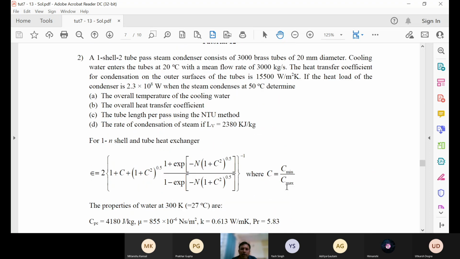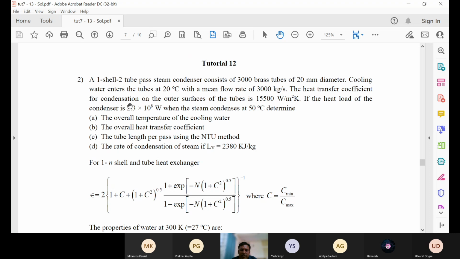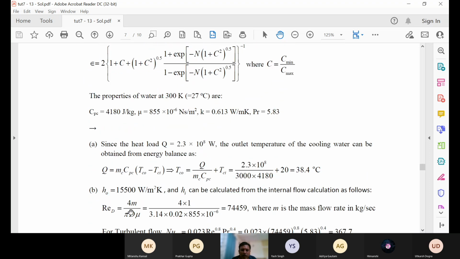Now again, in the problem what has been given is the outer heat transfer coefficient H0, but Hi, which is inside the tube, is not given, and that we have to calculate using the Dittus-Boelter equation. So that is what we are doing here. H0 is given, but we have to calculate the inside heat transfer coefficient Hi. So for that we are calculating the Reynolds number.